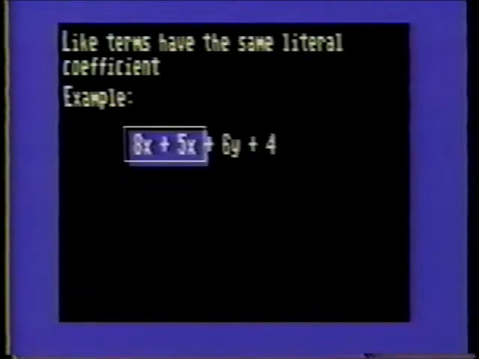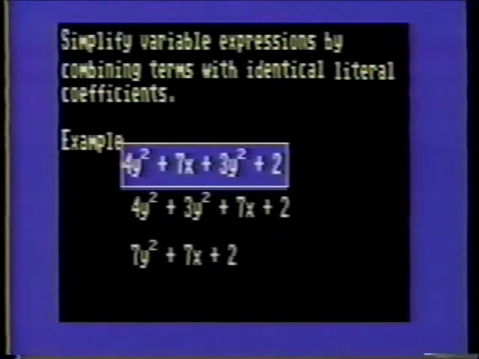For example, like terms have the same literal coefficient. For example, 8x and 5x are like terms. Simplify variable expressions by combining terms with identical literal coefficients.